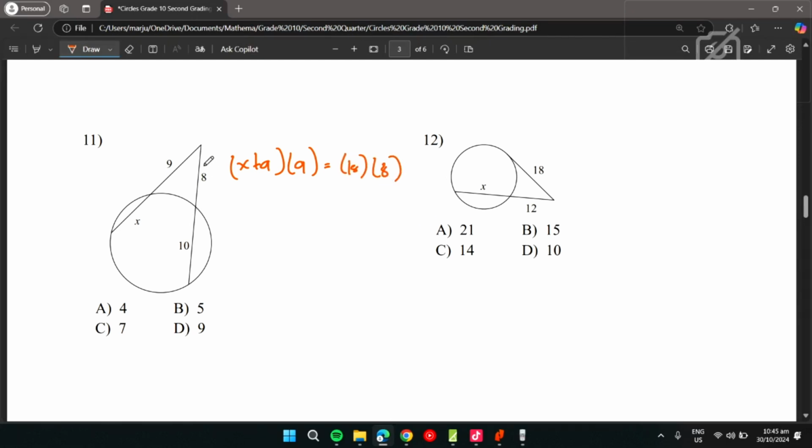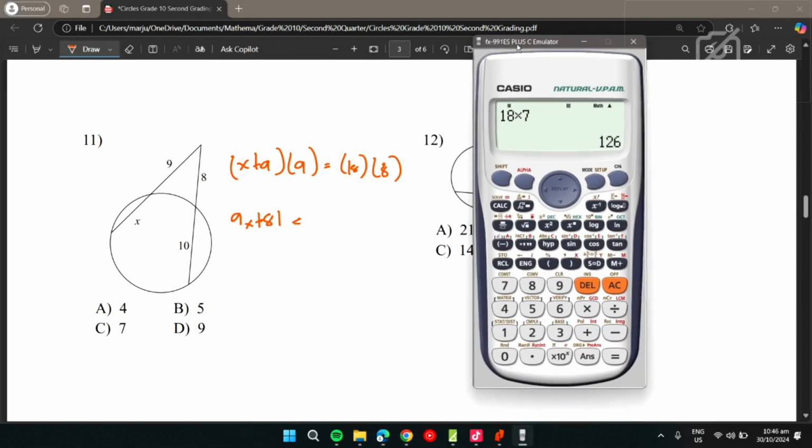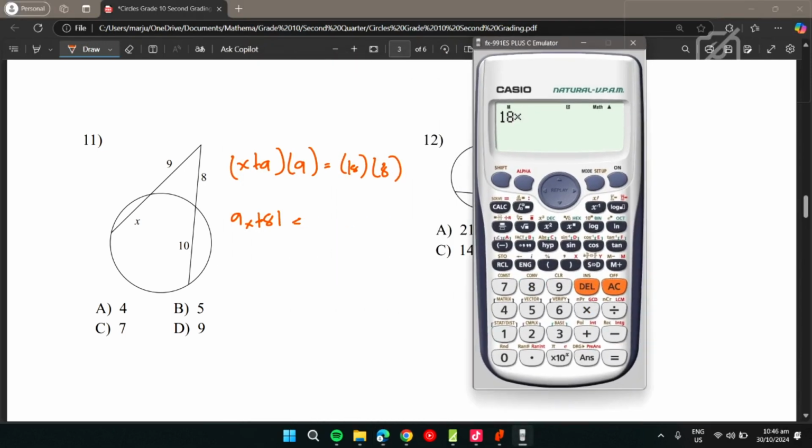The part. So, try natin. This is x, 9x plus 81. This is now 18 times 8. 80, 64, 140, 144. Try natin. 18 times 8. Yeah, that's 144.